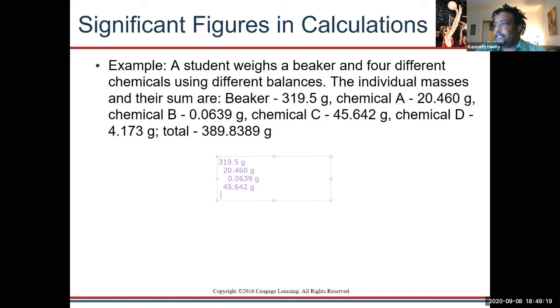And chemical D is 4.173 grams. So we add them all together. And we get 39.8389.